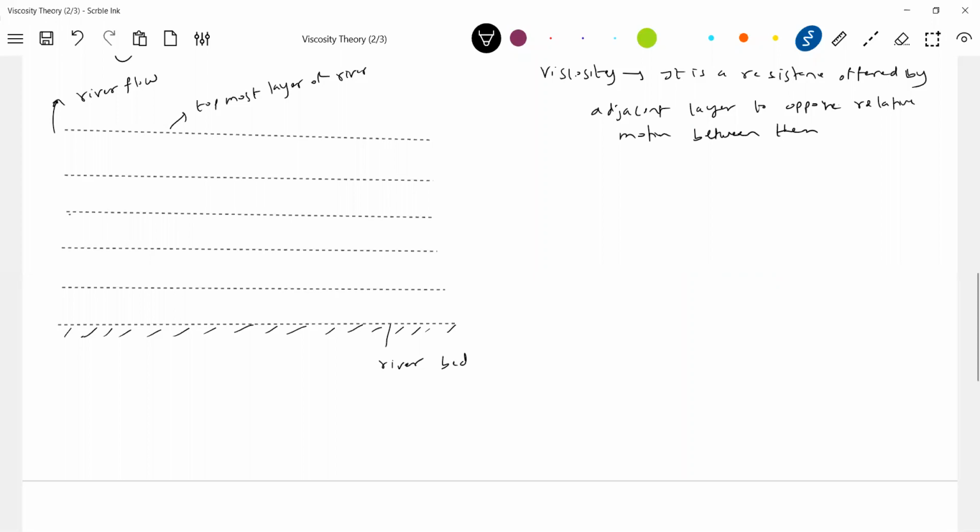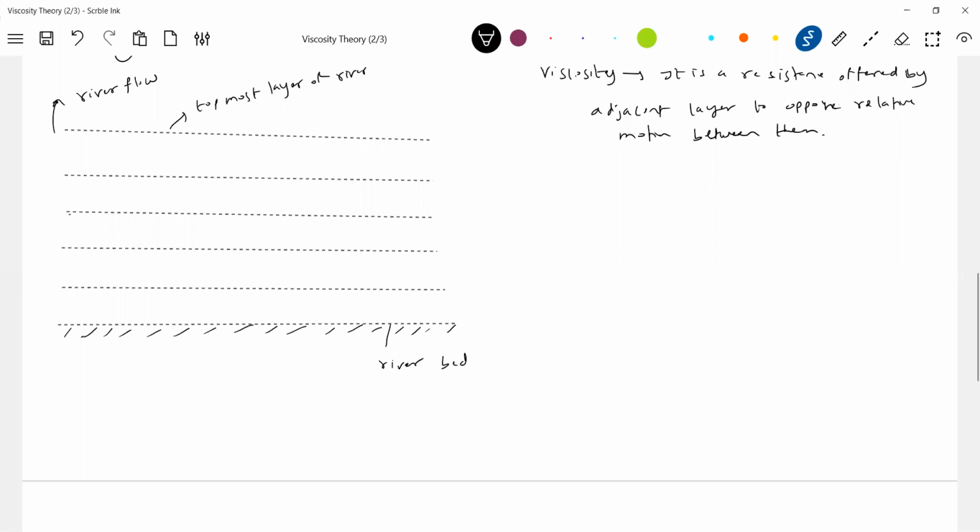So it is a measure of the resistance offered by the adjacent layer to oppose relative motion between them. Now, what will viscosity do? It will oppose relative motion between the layers, and due to that, there will be a viscous drag.